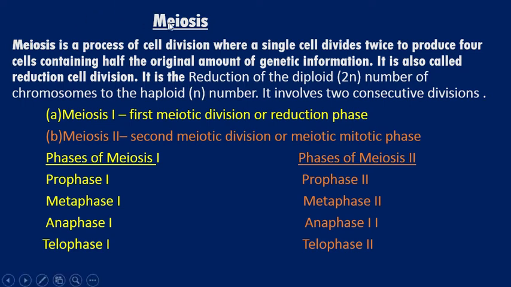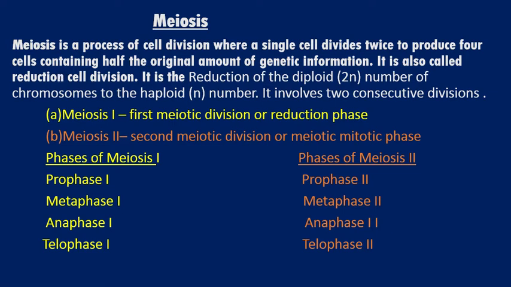Now we can see here meiosis. What is meiosis? Meiosis is a process of cell division where a single cell divides twice to produce 4 cells. And if we see mitosis, which you have done before, it produces 2 cells.